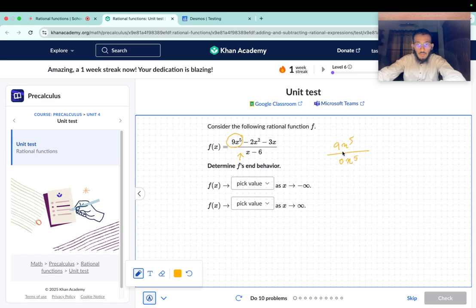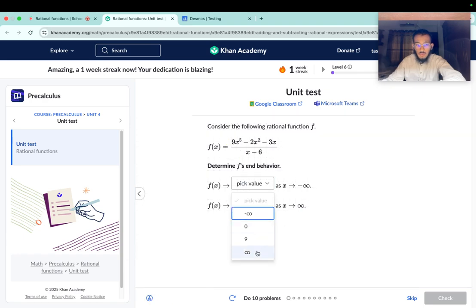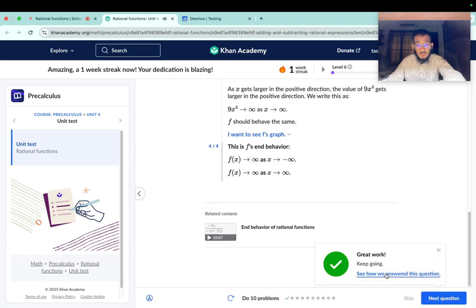So then we divide that. 9 divided by 0 is infinity, or this sign. So as x tends to negative infinity and positive infinity, the function should also tend to infinity. That's the answer.